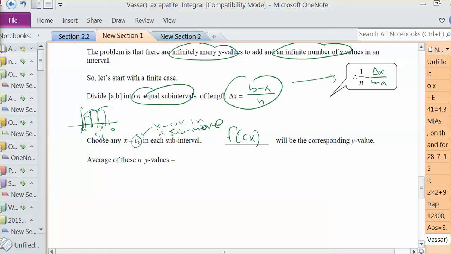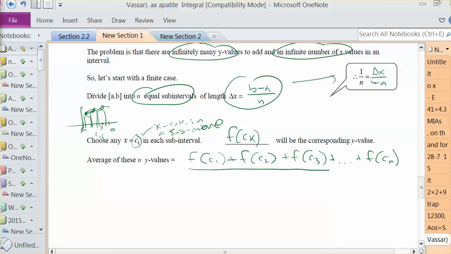So what if I averaged all the y values, or not all, but a certain number of y values in my interval from A to B. So f of c1 could be the first y value, like right here. f of c2 could be another y value. f of c3 could be another y value, until I get to the last y value that I'm defining for my nth interval.